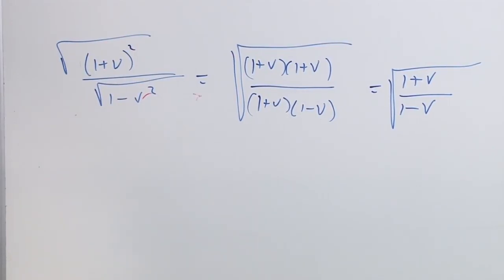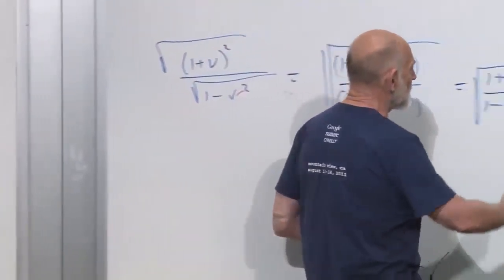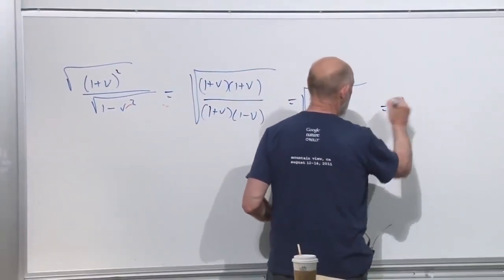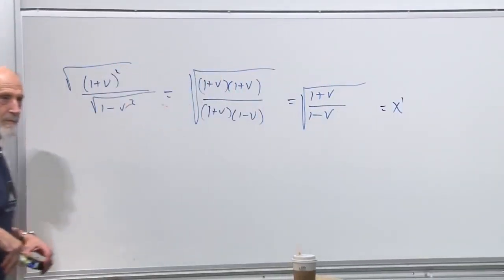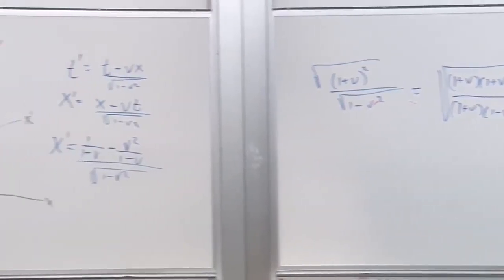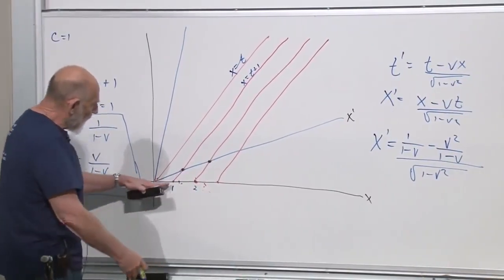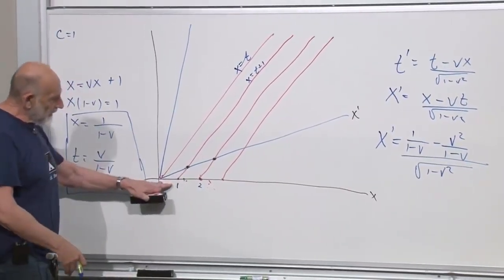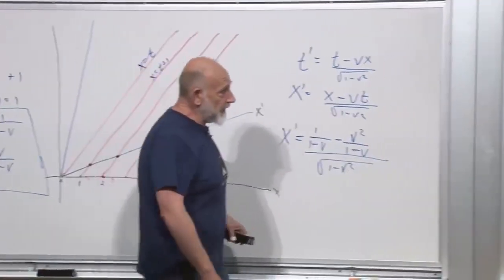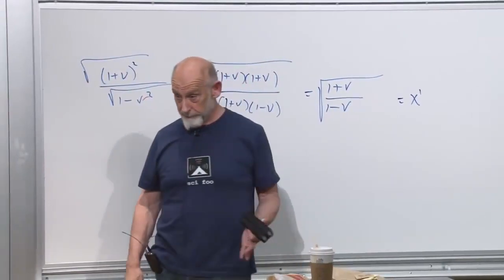That's what x prime is over here. Is it bigger than 1 or smaller than 1? It's bigger than 1. So my reckoning of this distance gives me something bigger than 1. You said the wavelength was 1. I say the wavelength is square root of 1 plus v over 1 minus v.